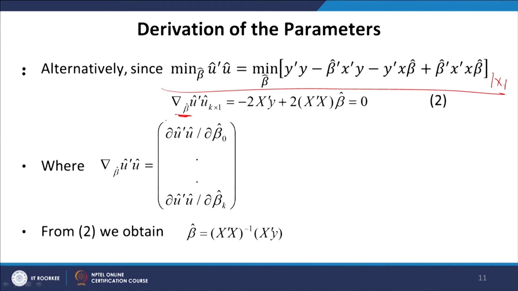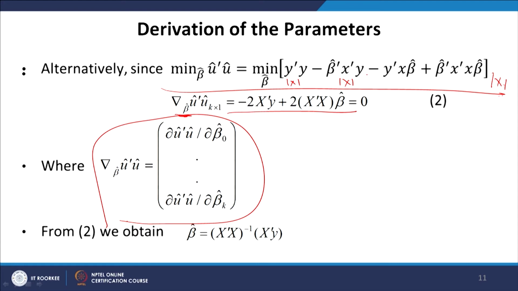By taking the first derivative of u hat prime u hat with respect to beta hat, the individual betas, we have this expression, right. Now, by doing so, we will arrive at this expression. Why is this so? Because this is of 1 by 1 dimension, the individual components are also 1 by 1. So, they are all numbers, right.